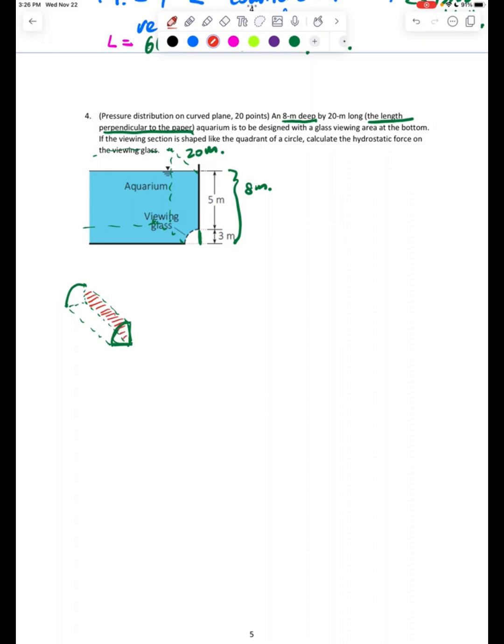So Fx equals gamma multiplied by AV multiplied by YV. And YV is related to the centroid, right?